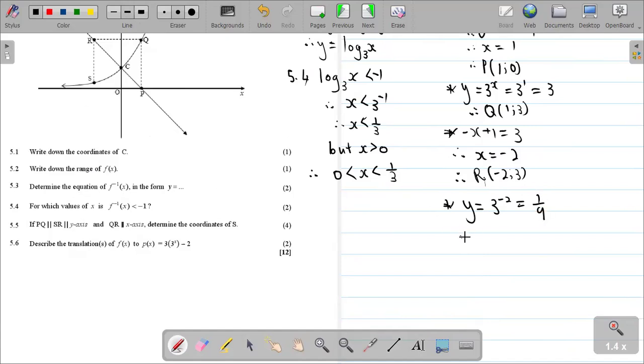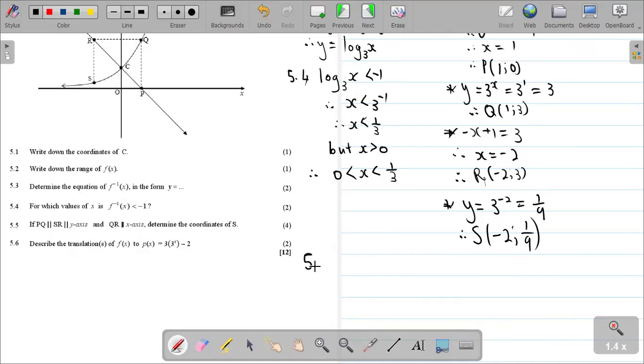Therefore, S here is X is negative 2 and Y is 1 over 9. Okay, so that's it for 5.5.